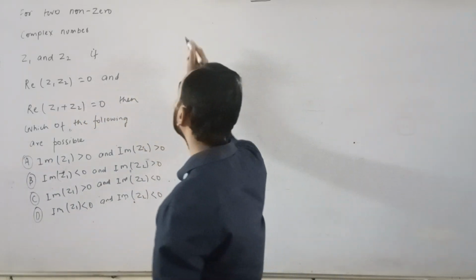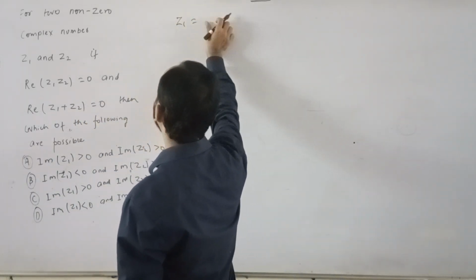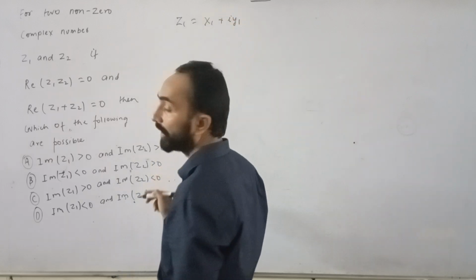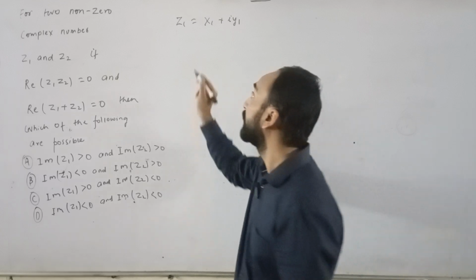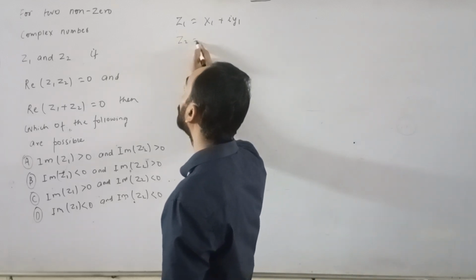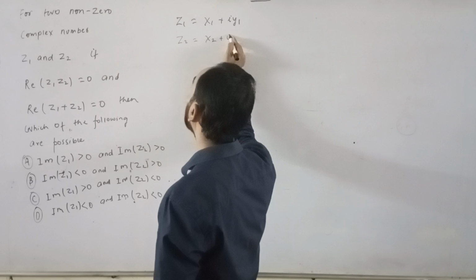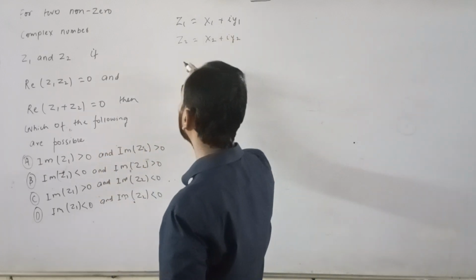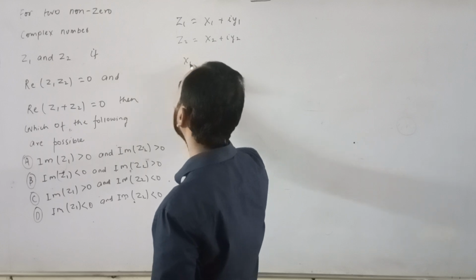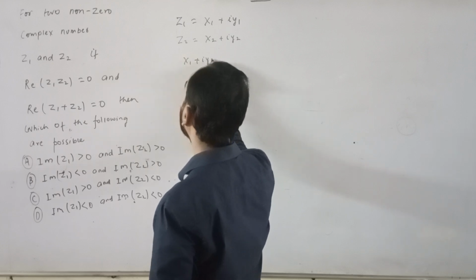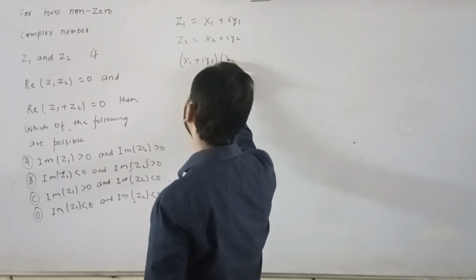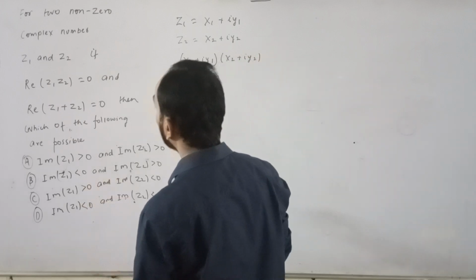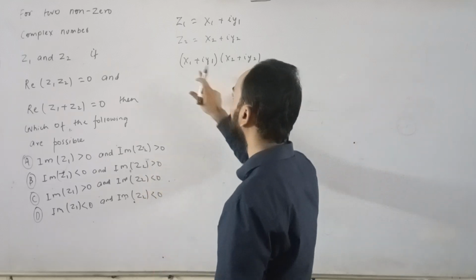So we can take Z1 as x1 plus iy1, that becomes the first complex number. Then Z2 can be given as x2 plus iy2. Now the real part of Z1 into Z2: x1 plus iy1 multiplied by x2 plus iy2, equated to 0, only the real part.